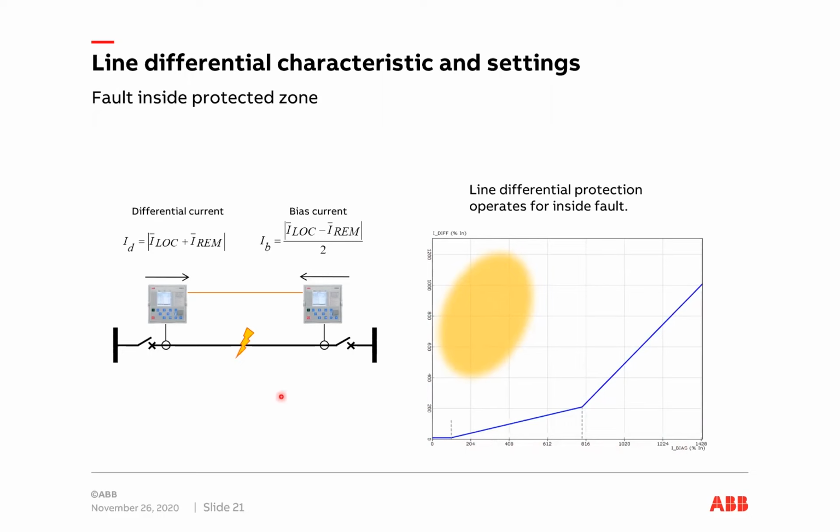When we have a fault inside the protected zone, we can expect the differential current to be high. So if we put that current information into this diagram, the differential current will be roughly about here. So we will have a high differential current and a low bias current.